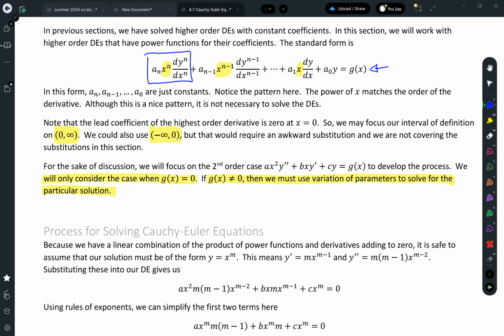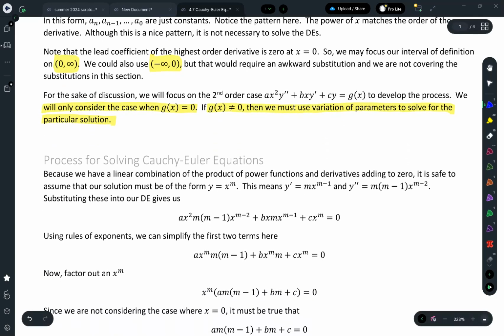Because if y was equal to e to the mx and we had decreasing powers of x in each of the terms, there's no way things would add up to 0. So it makes more sense that our solution must be a power function. y is equal to x to the m. And if that's true, then y prime would be m x to the m minus 1, just taking a derivative. And y double prime would be m times m minus 1 times x to the m minus 2.